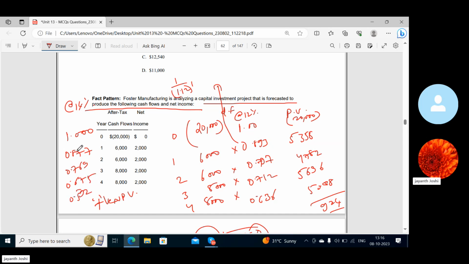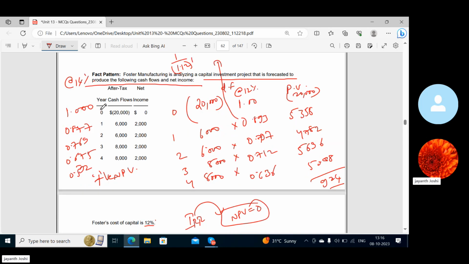Just multiply these and subtract 20,000, and tell me the answer you are getting. So 20,000 into 1 will be 20,000 as usual. 6,000 into 0.877, this I'll keep negative, will be 5,262. Then 4,614 for the second year, 5,400 for the third year, and 4,736 for the fourth year.